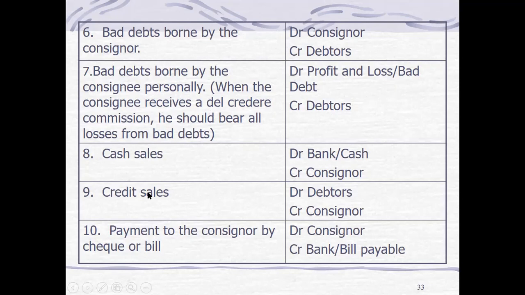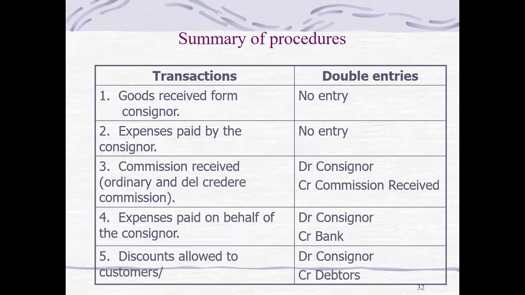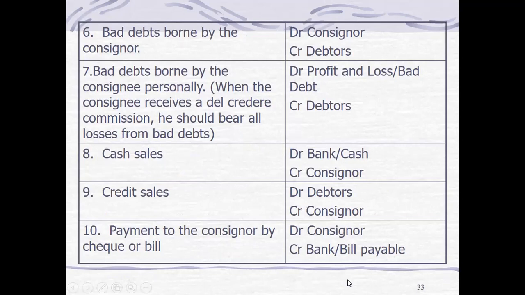Cash sales as well as credit sales: the difference is on the debit. Cash would involve cash in bank or cash in hand, and then credit the consignor account, in addition to the liability. For credit sales also, but then we are going to debit the receivable account of the debtor, so accounts receivable or consignor. Of course, if there is sales discount, we can also credit accounts receivable for the debtor instead of the name.